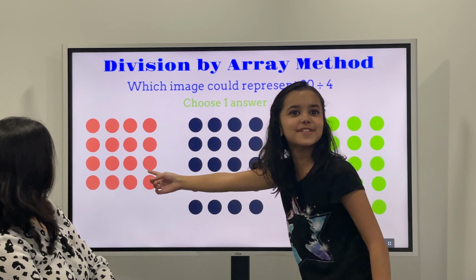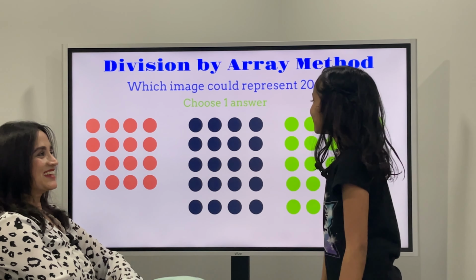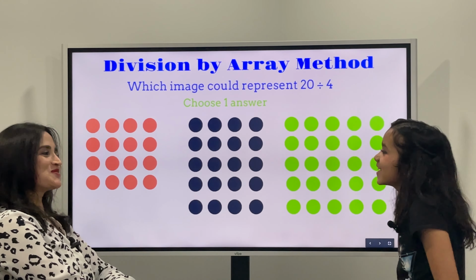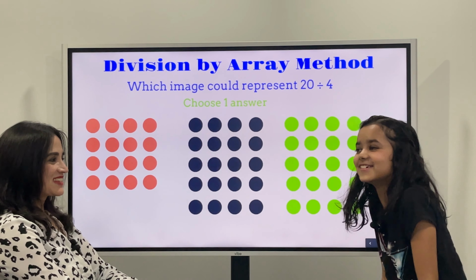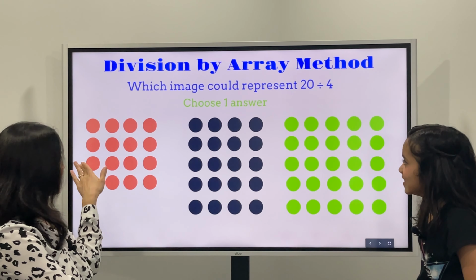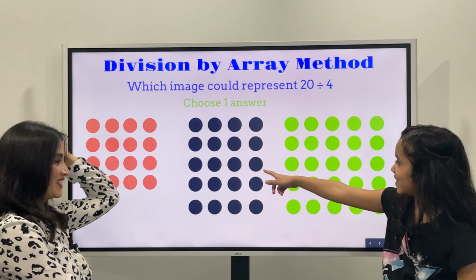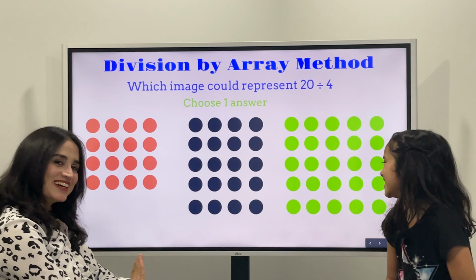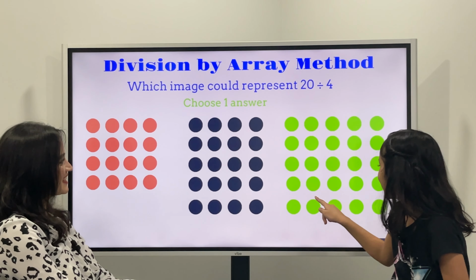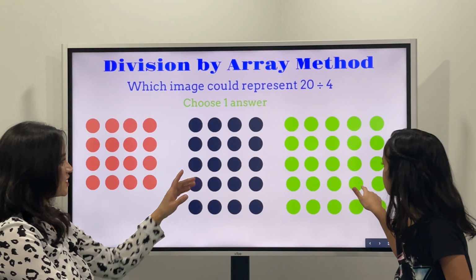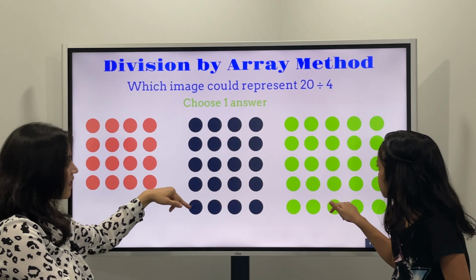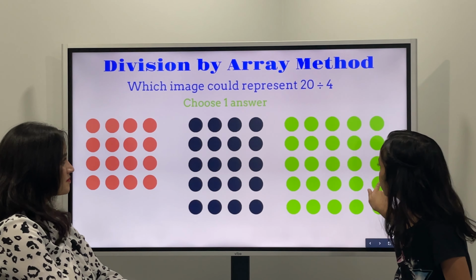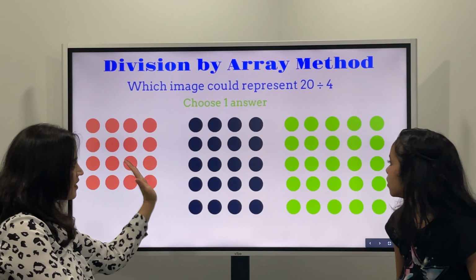Because this is 4 times 6 equals. I'm confused, you confused me too. Okay. So the total number is 20. Look, 4, 8, 12, 16, 20. So the total number is 20, and this is 5. This is 5, and that's 4.